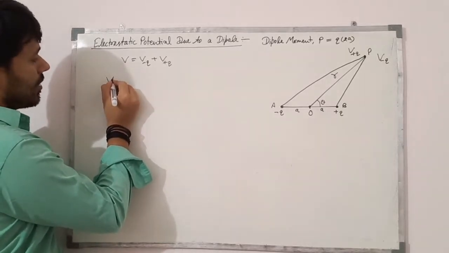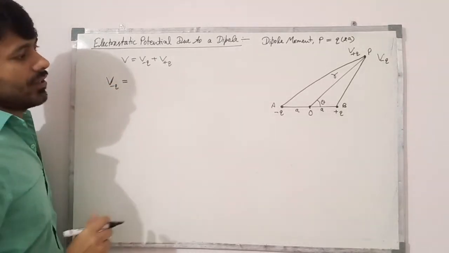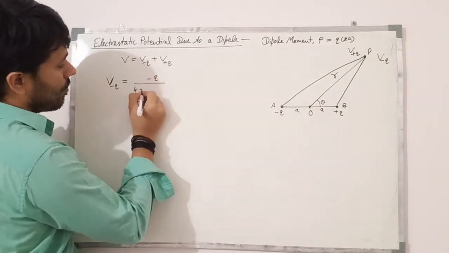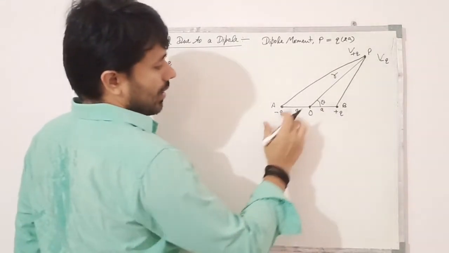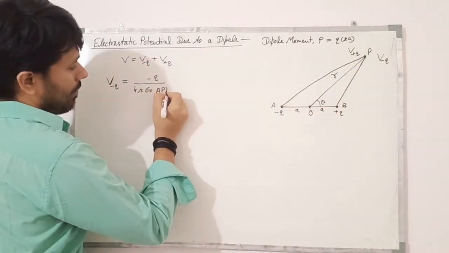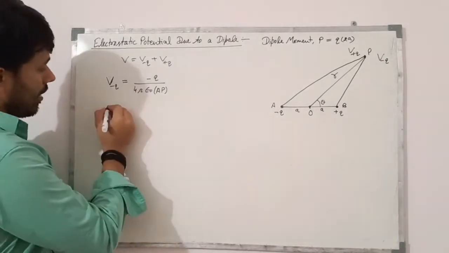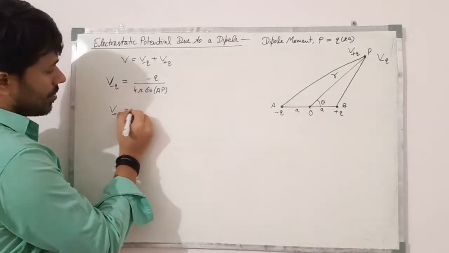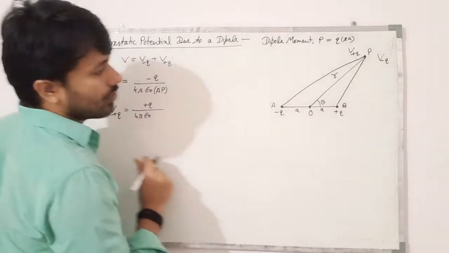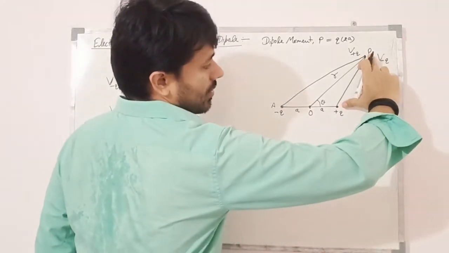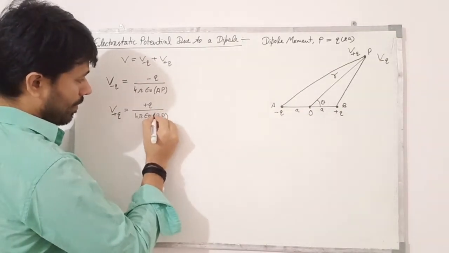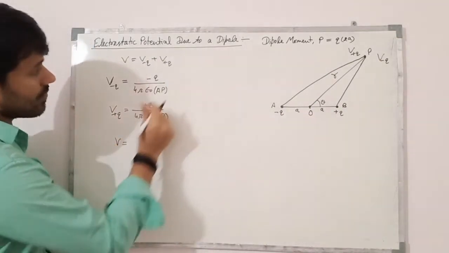Due to the negative charge, the potential at point P is minus q upon 4 pi epsilon naught, and the distance is AP. Now due to the positive charge, positive q upon 4 pi epsilon naught, and the distance is BP. So the net potential is what?